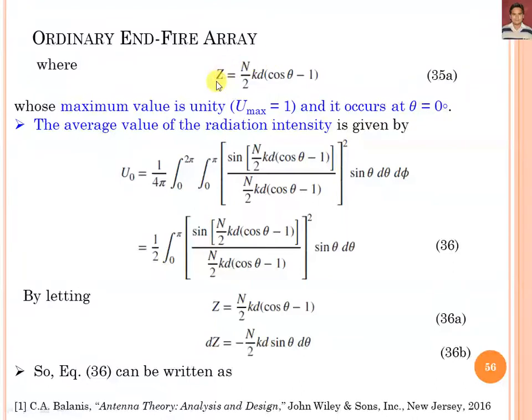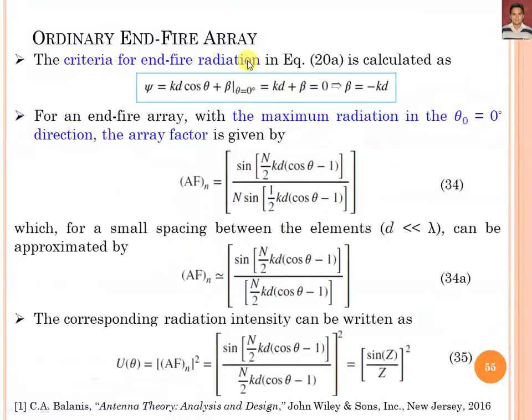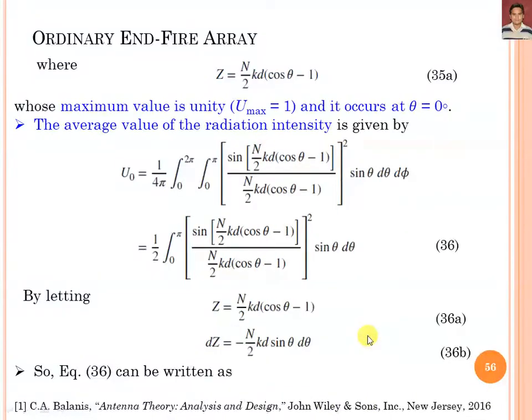We replace this factor in the equation and get this form of the radiation intensity U of theta. As we have discussed, the maximum value of the radiation intensity U max is equal to 1, and it occurs at theta equal to 0 degrees.